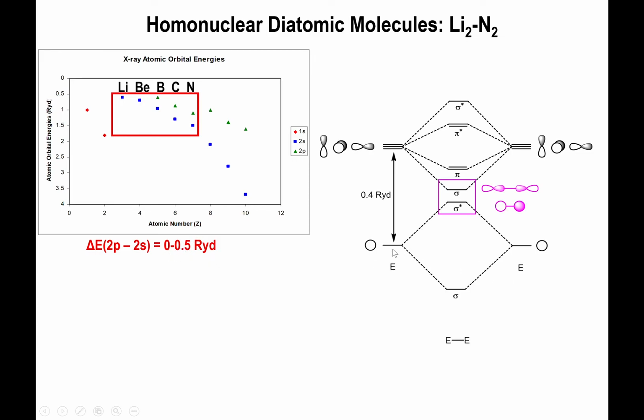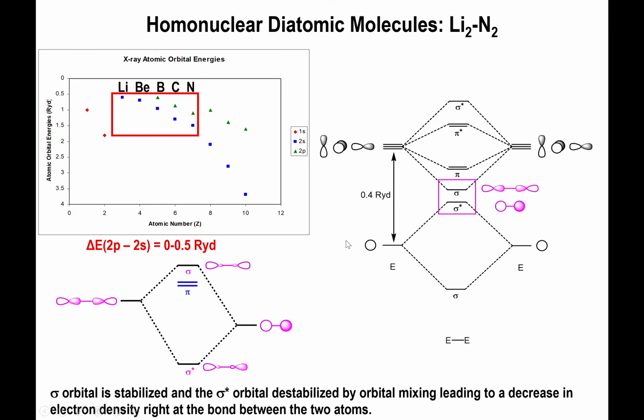So when you start combining your s orbitals to make sigma bonds, and your p orbitals, which are head-on, to make sigma bonds, the sigma star of the s orbitals meets up with the sigma of the p orbitals, and because they're so close in energy and they have the same symmetry, they actually mix with one another. And they create a new subset of molecular orbitals where you have your p set of slightly higher energy and your sigma star set of slightly lower energy, and you create one that's even lower in energy and another one that's higher in energy.